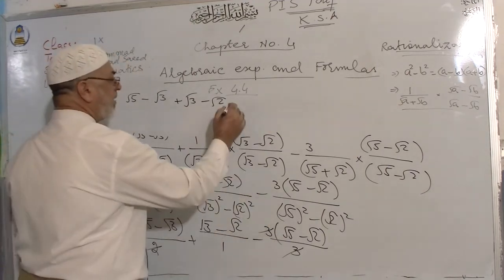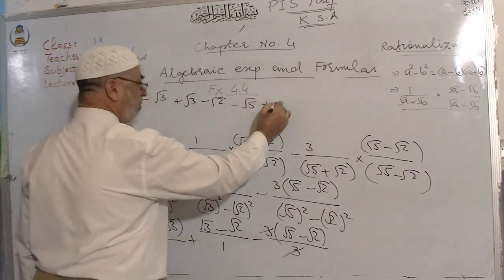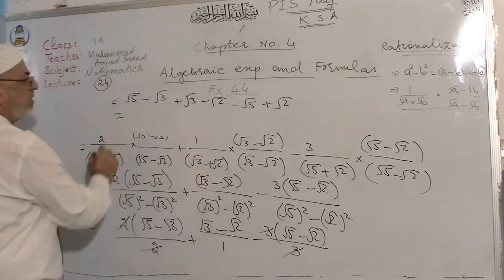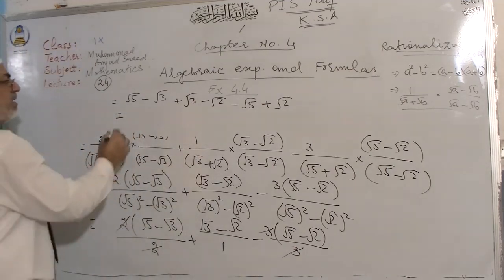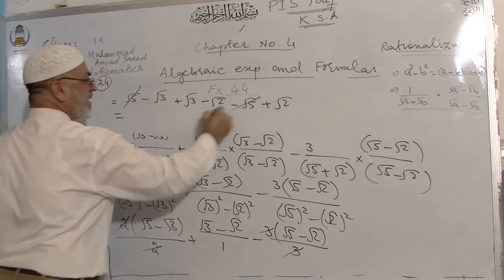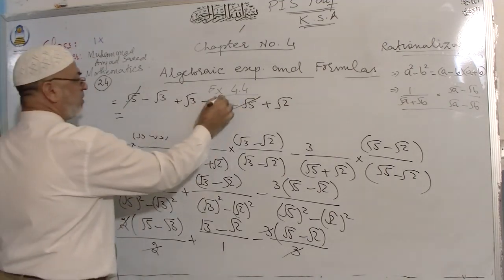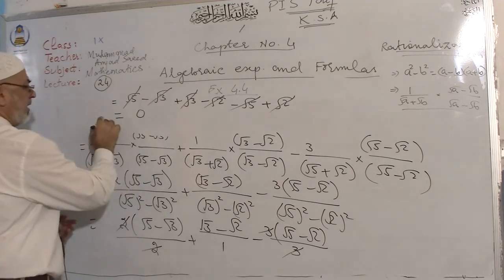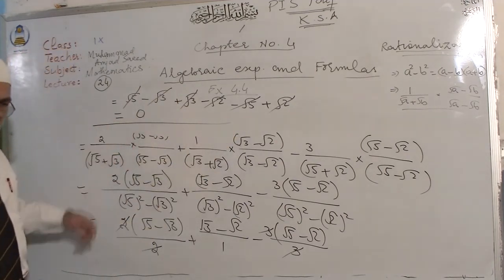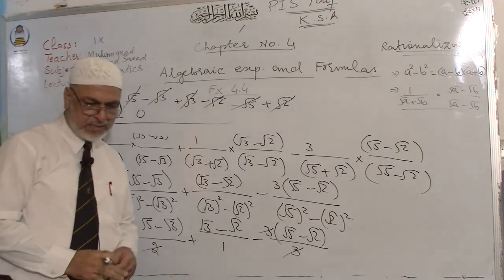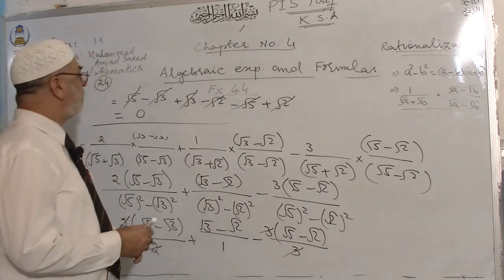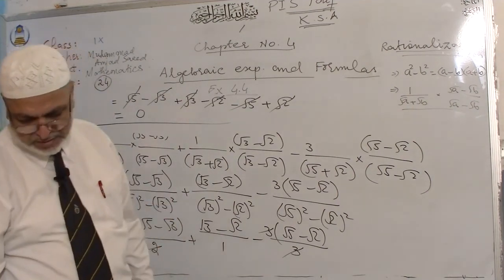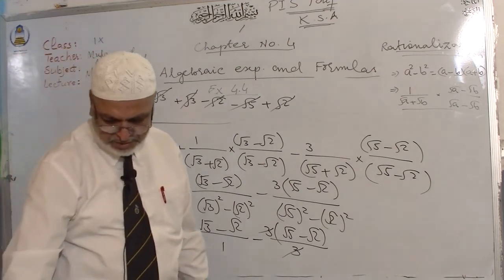Minus root 5 plus root 2. Dear students, you can check root 5 plus and minus cancelled out, root 2 plus and minus cancelled out, root 3 plus and minus cancelled out. And we are left with 0. That is your answer. I hope that you can make use of this part to solve part number 2.